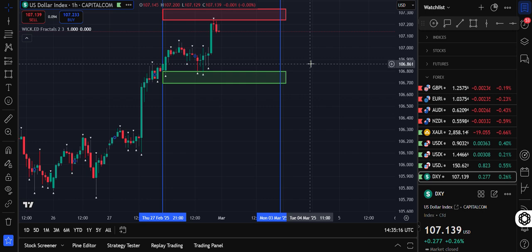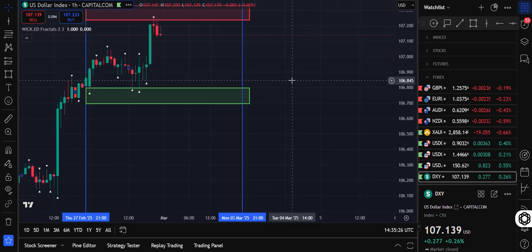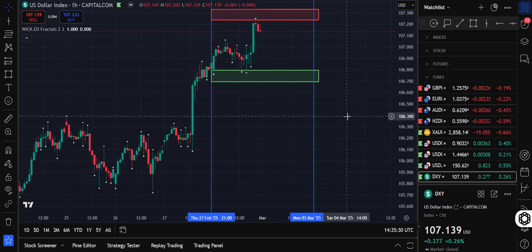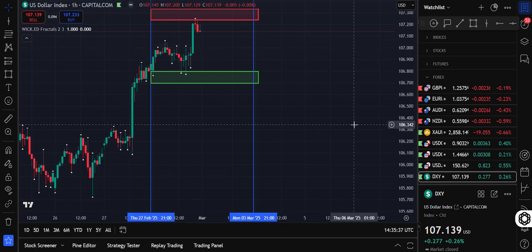USD CAD, USD Swiss, USD JPY, and then the DXY, which is this one here, which isn't a traded pair, but it's something that's very, very important when trading any of those because it reflects a lot of the moves in the market, and it's good to read what the DXY, the dollar index, is doing.